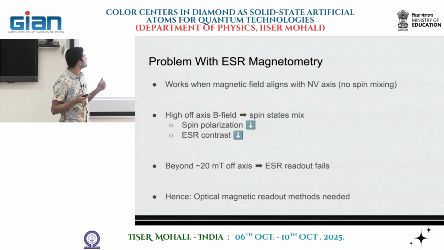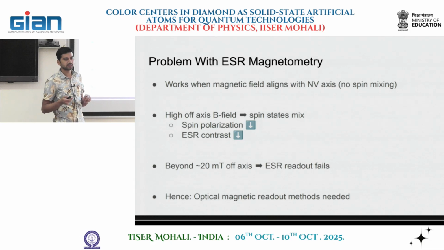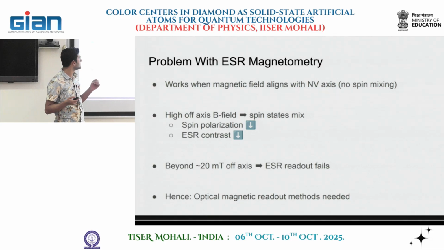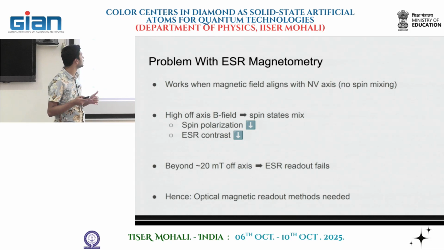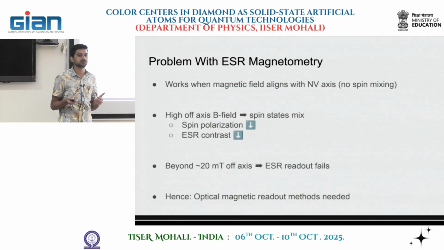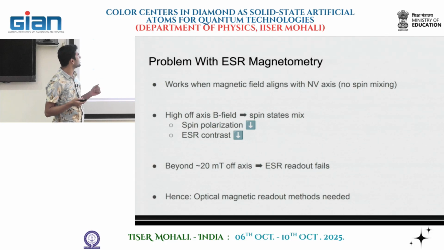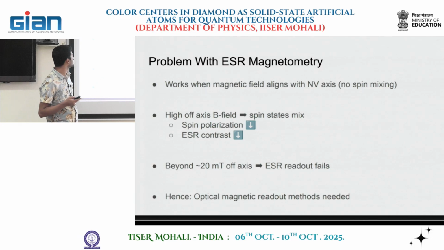When the magnetic field is parallel to the NV axis, we have a good contrast and a better calculation of the magnetic field in that direction. But when it is aligned somewhere away, or when we have a somewhat higher magnetic field, greater than 20 millitesla, we have difficulty measuring the magnetic field using this ESR method.